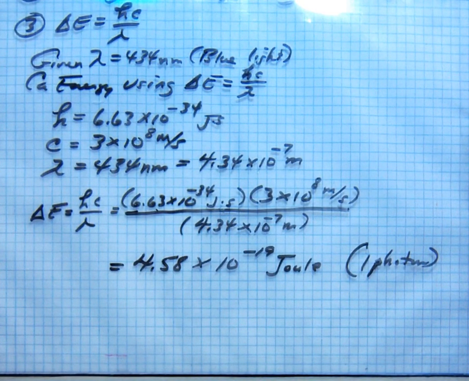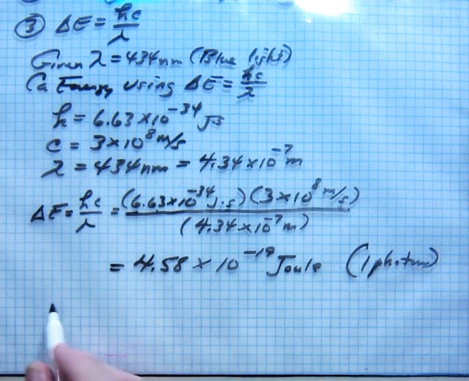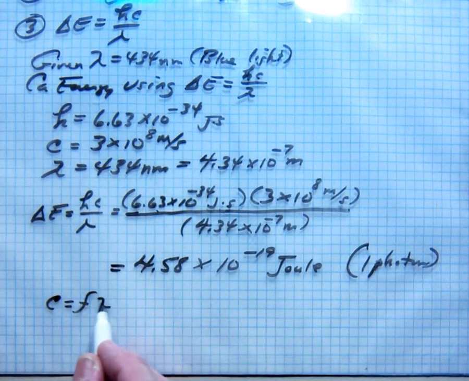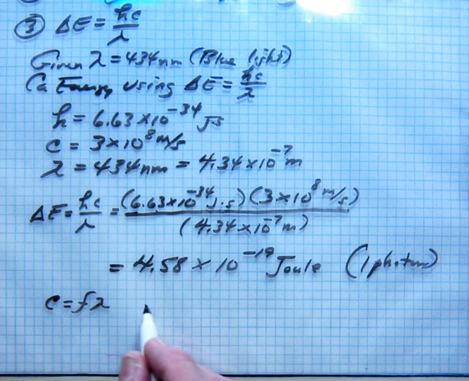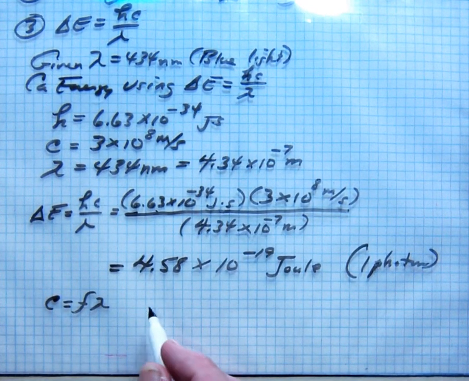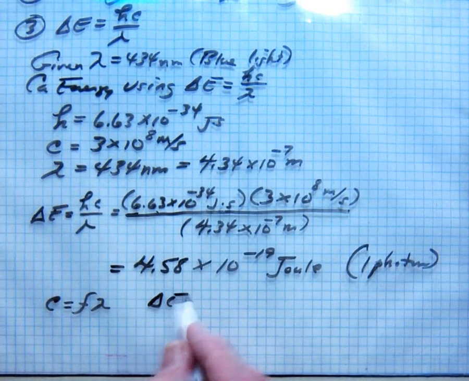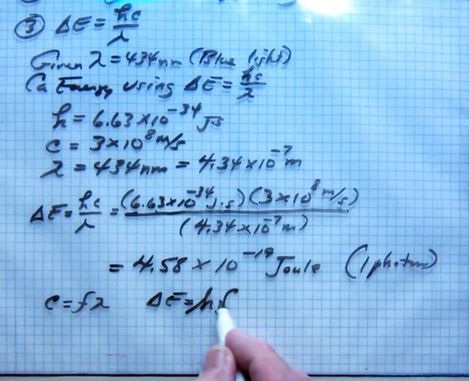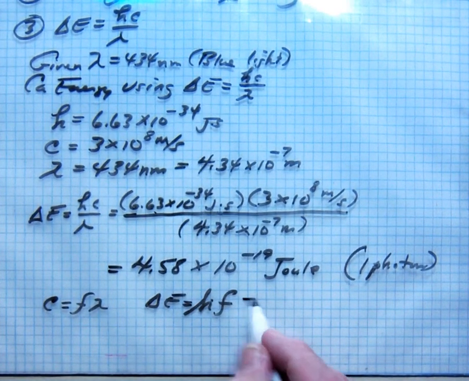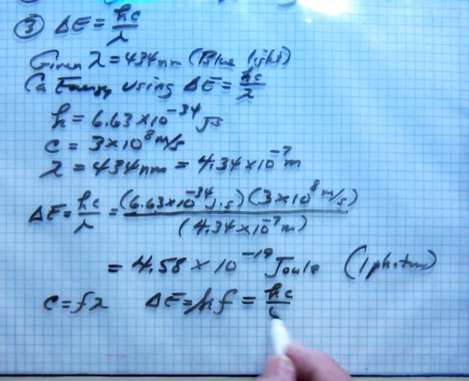So now your responsibility in wave calculations will center primarily on the bright line spectra of hydrogen. That's the first thing you need to understand. And to analyze those colors in terms of the wave variables, you want to use the C equals F lambda equation. You want to use the delta E equals H times frequency equation, which is also the HC over lambda equation.